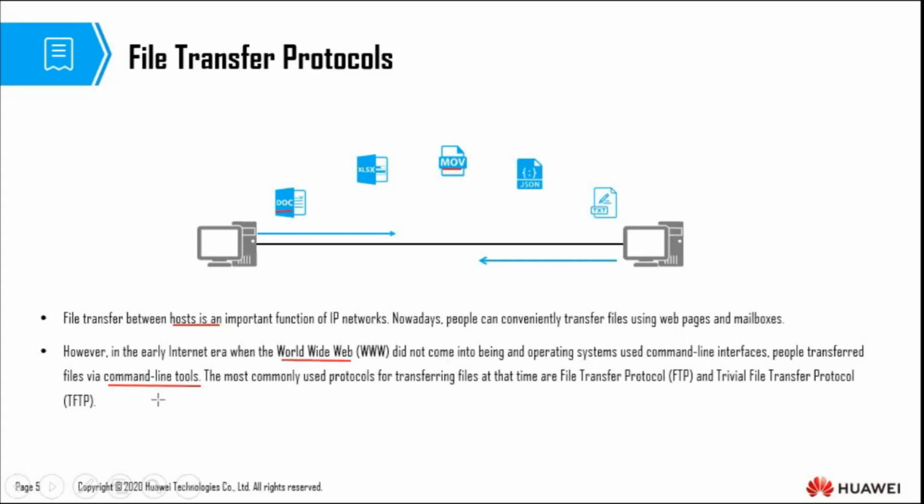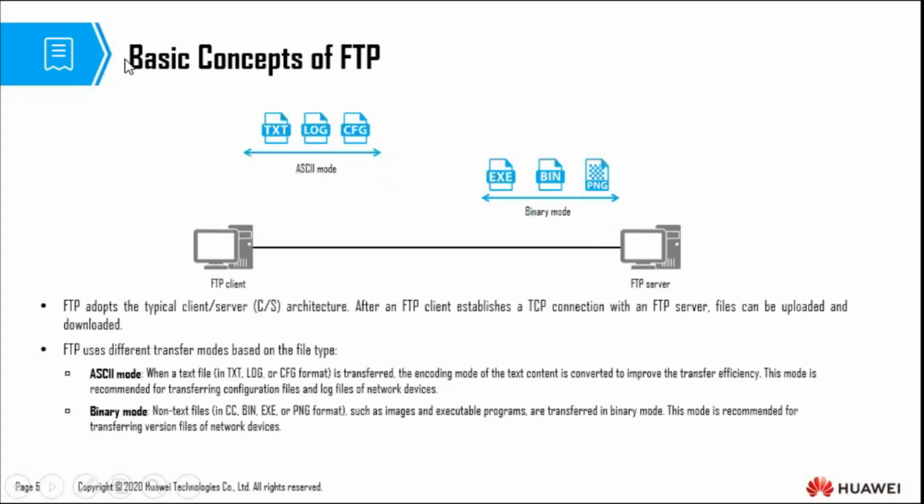The most commonly used protocols for transferring files include the File Transfer Protocol, FTP, and the Trivial File Transfer Protocol, TFTP. So let's look into these two protocols. We begin with FTP.